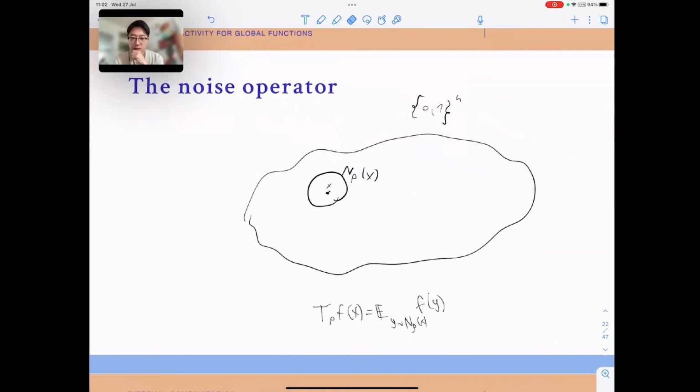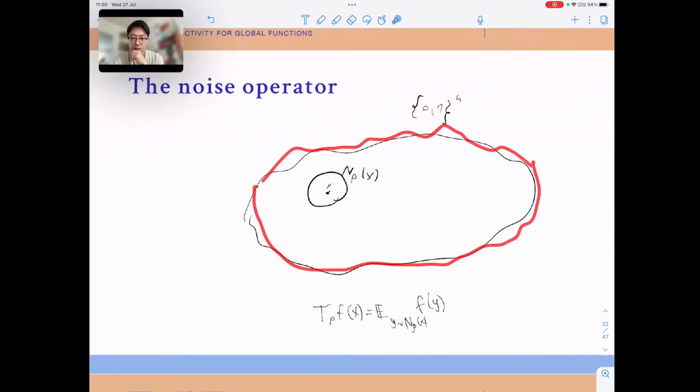In order to describe it, we define the noise operator. We have this paddle here, which corresponds to the Boolean cube.